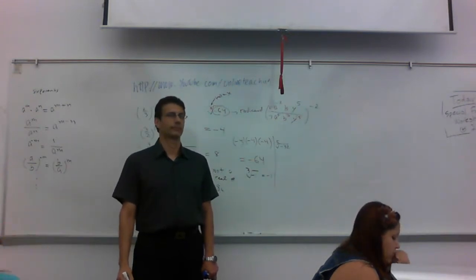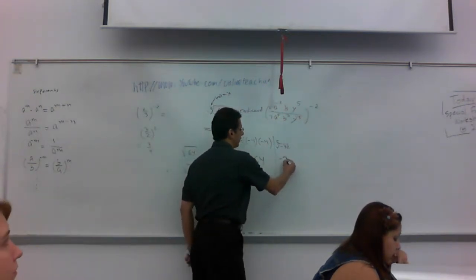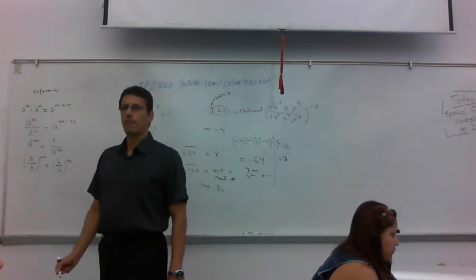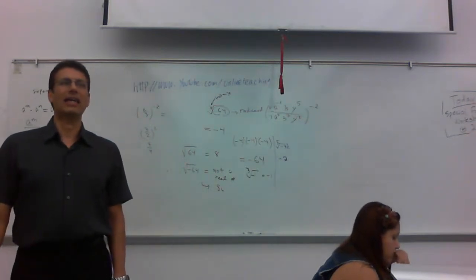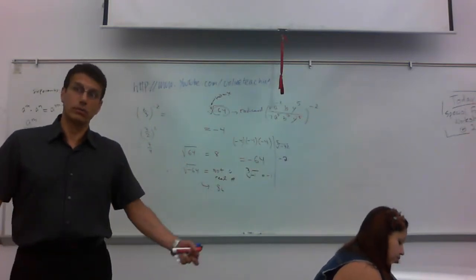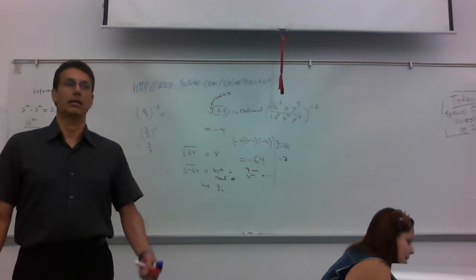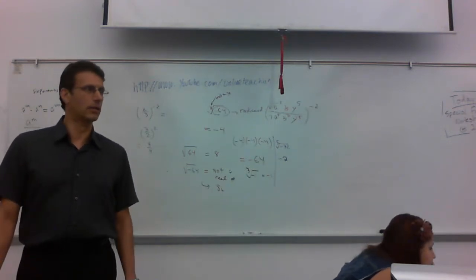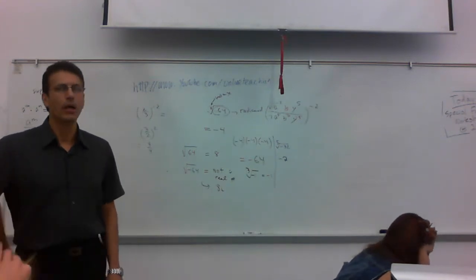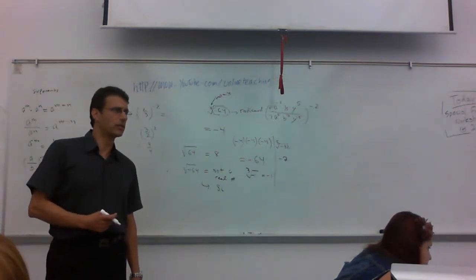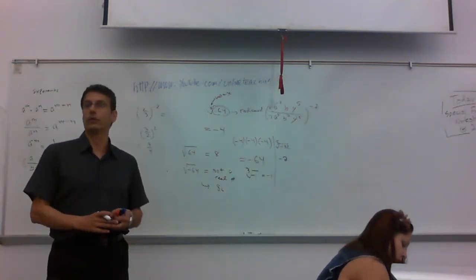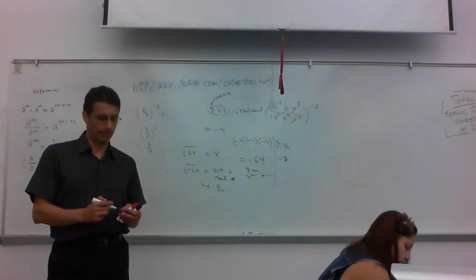Anybody? Negative 2. Okay? So if it's an even root, you can't have a negative. At this point, we will discuss that it can be a complex number. Is everybody okay with that? Is this making sense a little bit? So be careful when you do things like that.